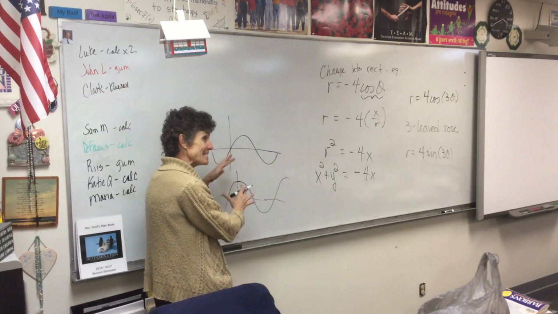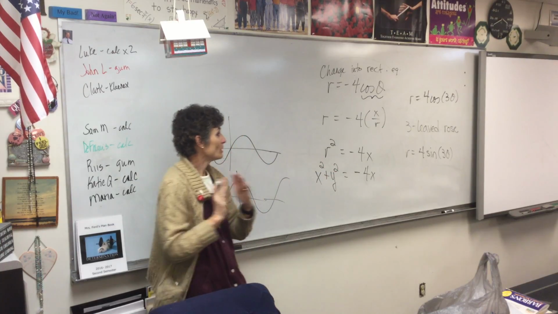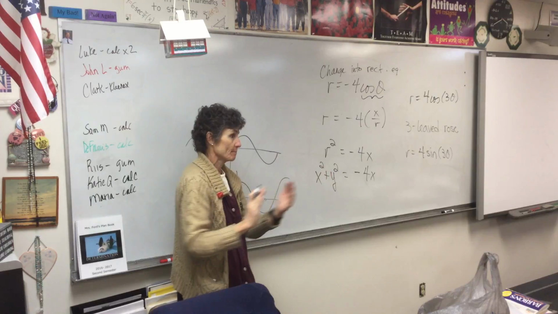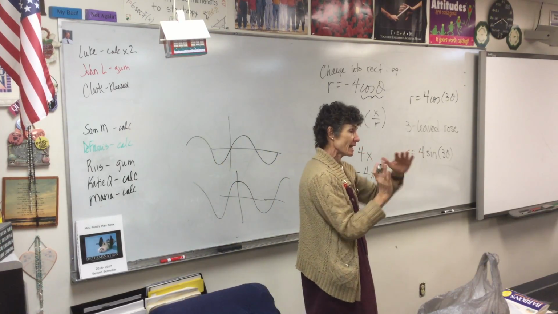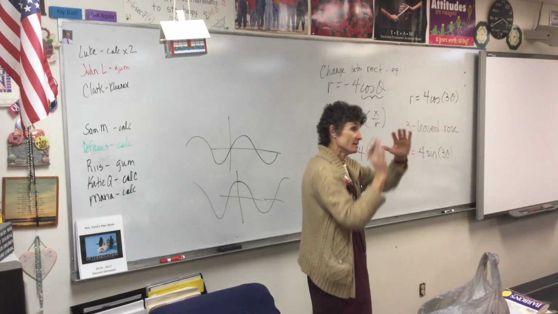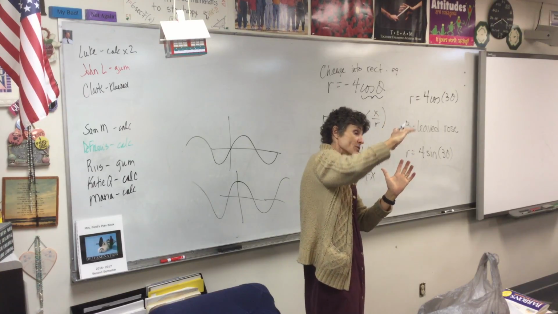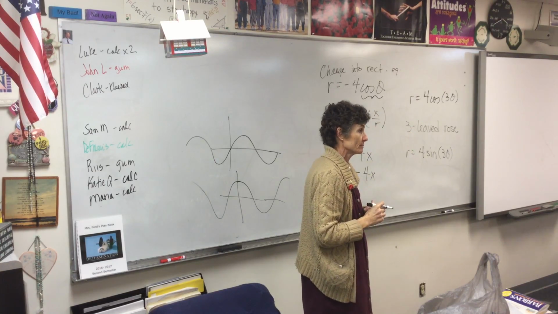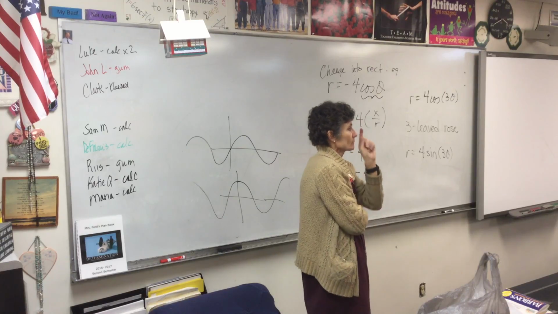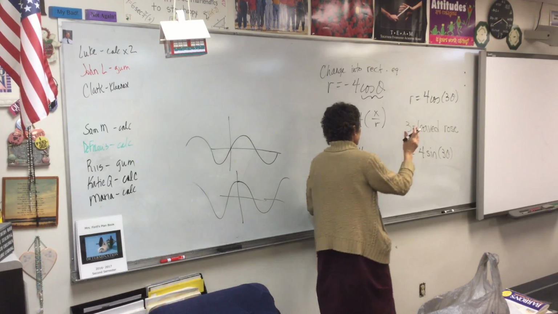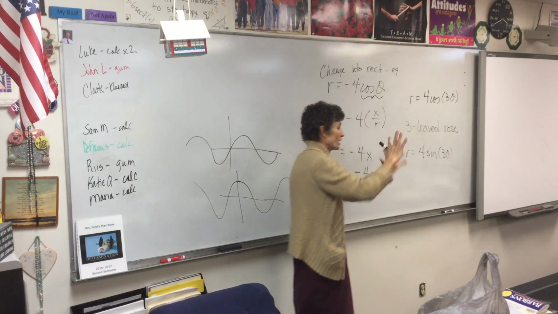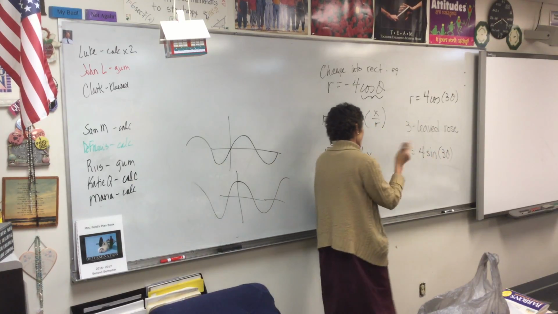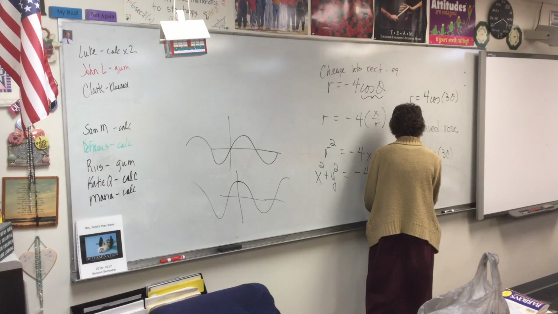So in a Cartesian setup, we just shift them sideways. But in a polar situation, there's no shifting sideways, there is shifting around the circle. So they're just rotations of each other. So the only difference between cosine and sine is going to be positioning. All right. So now, let me have you graph this one.